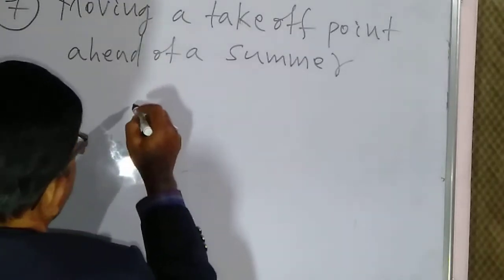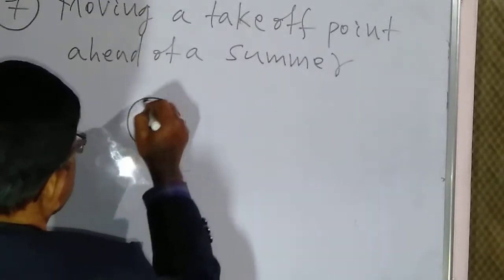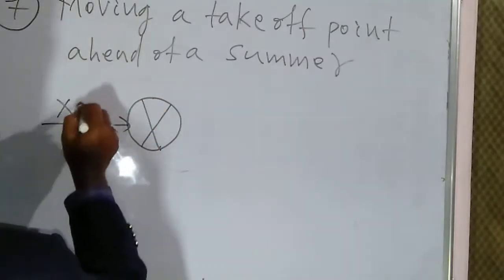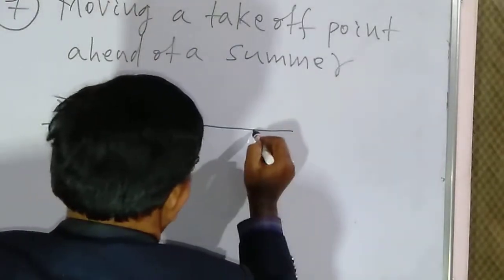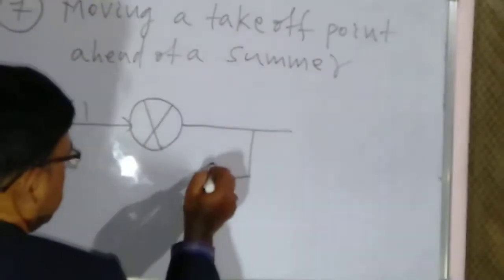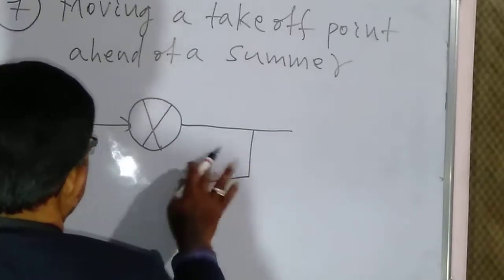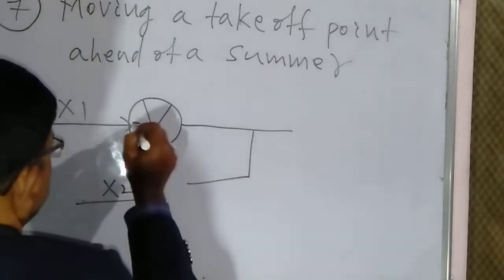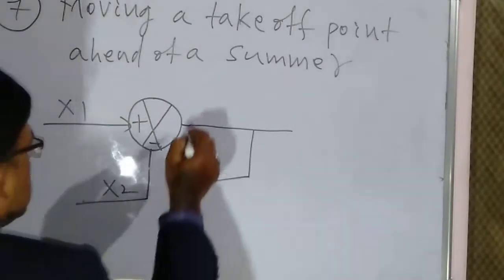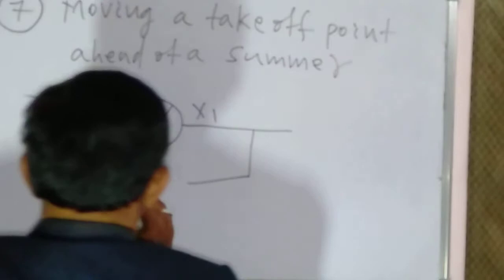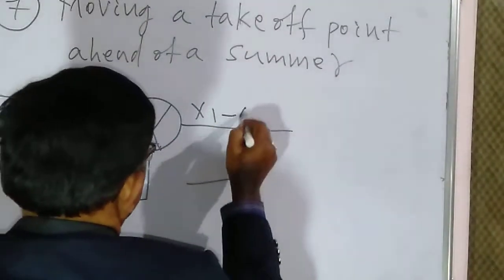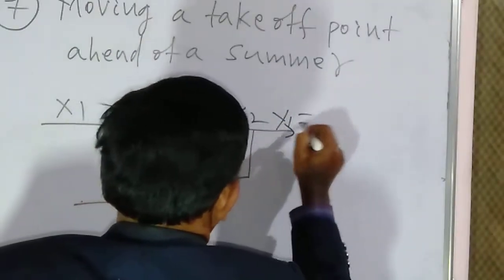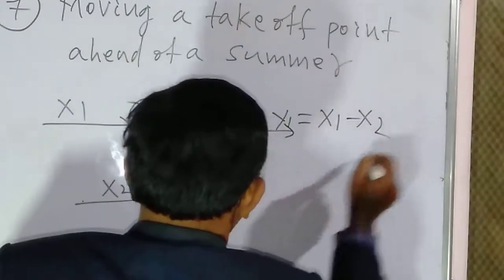So this is the summer or summing point. Just assume that this is the takeoff point. Here this is x1, and here x2, plus minus. So here y1 is equal to x1 minus x2.